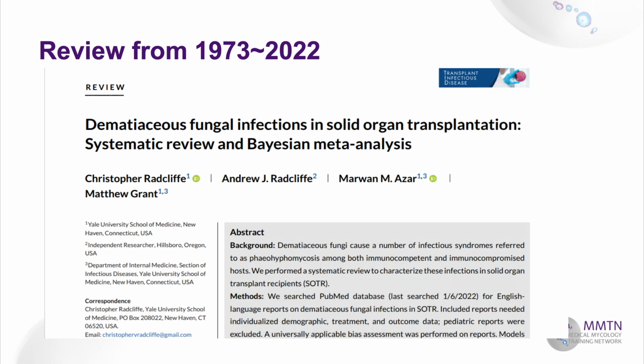And there is a large review of nearly 50 years of dematiaceous fungal infections in SOT. This is a systematic review with Bayesian meta-analysis by Dr. Radcliffe and his colleagues.